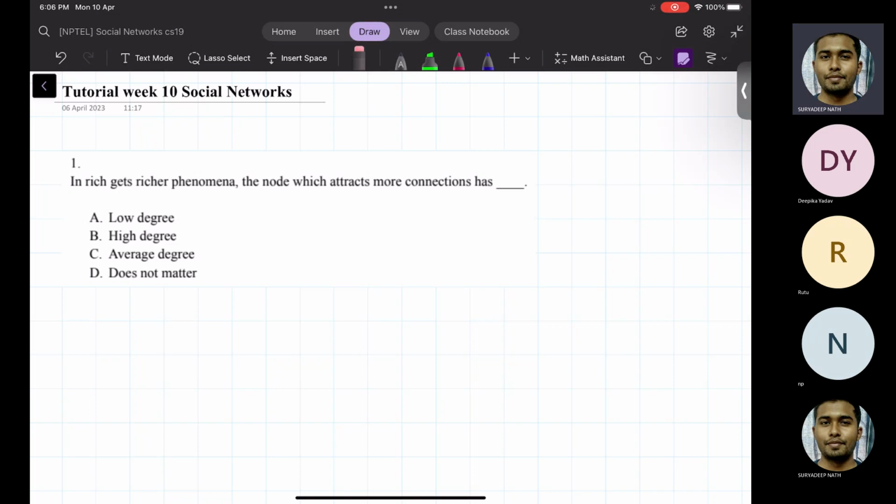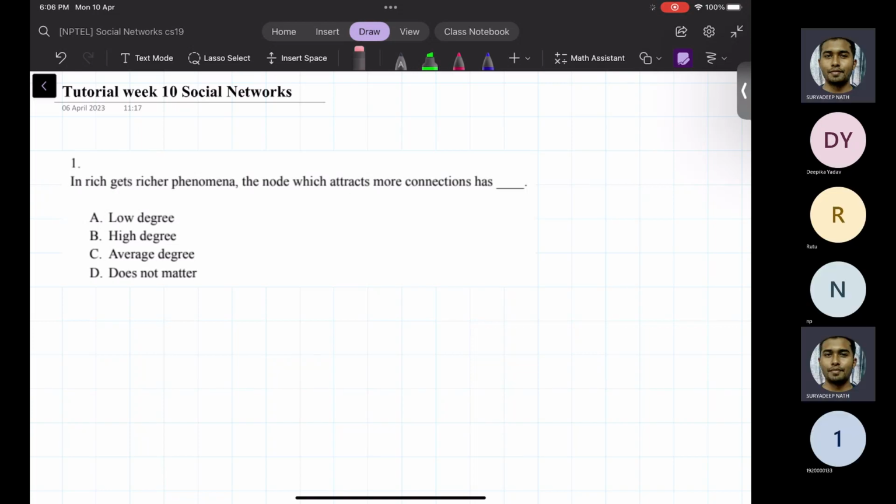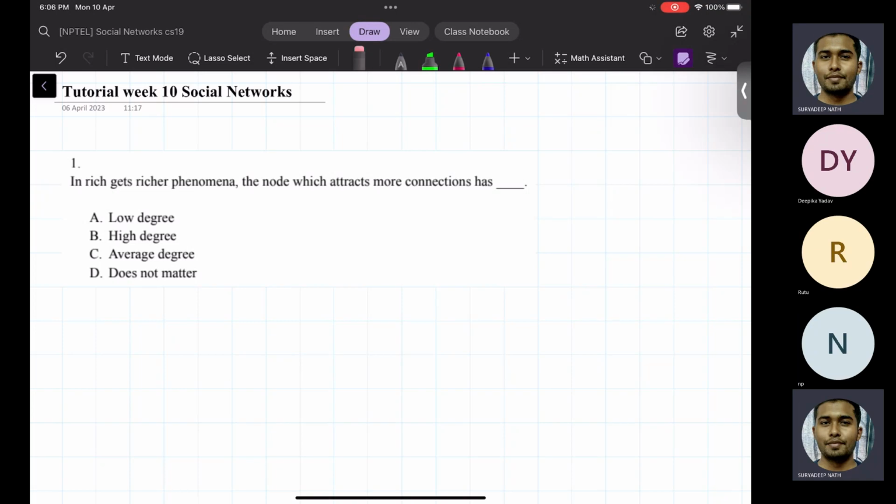Someone has raised their hand. If you have any doubt, you can go ahead and speak up. Is there a doubt from someone? Someone has raised their hand. Someone is saying there's some sound issues.